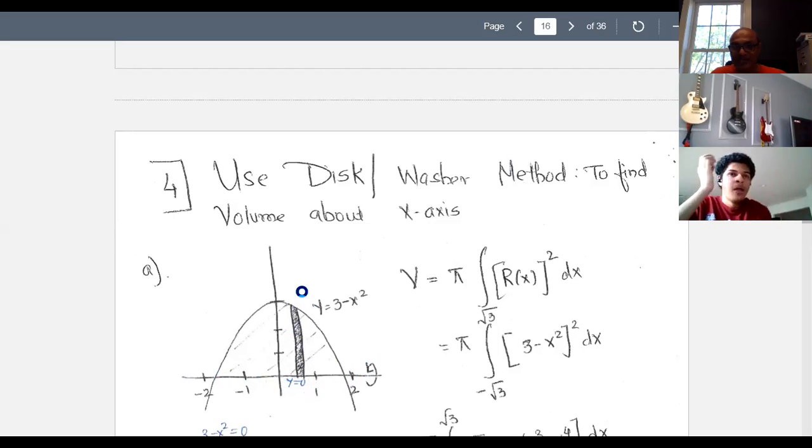If I say the axis of revolution is x, you don't have any other choice except a vertical strip, because only a vertical strip is perpendicular to the axis of revolution. You cannot take a horizontal strip over here because it would be parallel to the axis of revolution. The difference between disk and washer is, in the disk method, your strip touches the axis of revolution. In the washer method, your strip does not touch the axis of revolution.